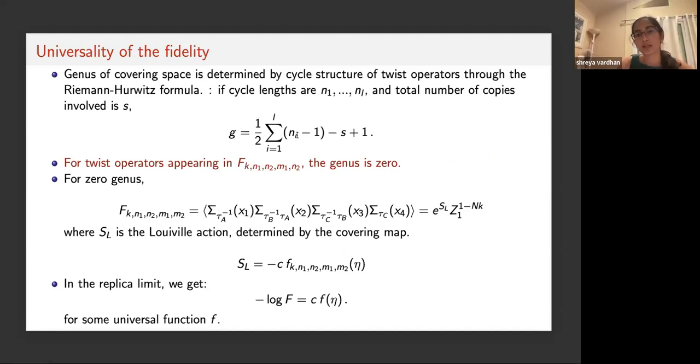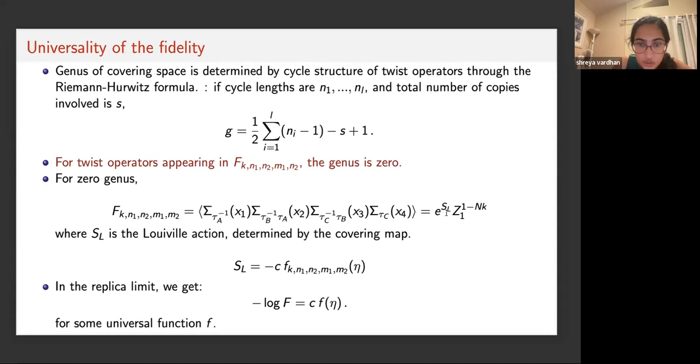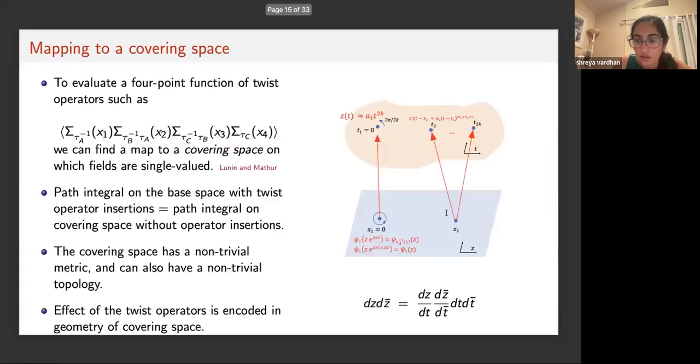So it turns out that when I plug in the cycle structures of these permutations, the genus of the covering surface is 0. And for that case, this calculation of the endpoint function of twist operators simplifies. So it just becomes a combination of 2 factors. The first factor is e to the S_L, where S_L is something called the Liouville action. The Liouville action depends only on this covering map, z of t.